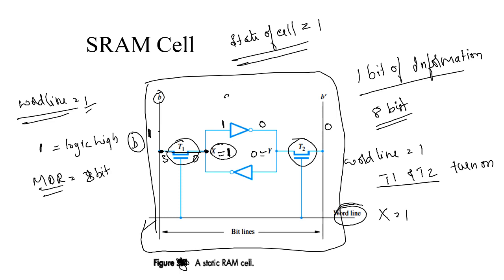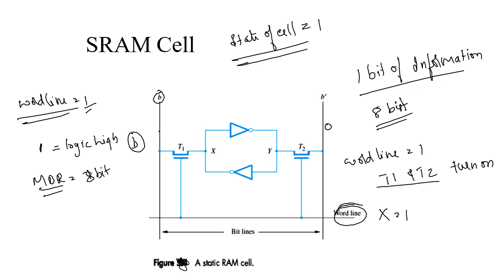If you want to load data into the cell, let us assume we need to load 1 into this cell. Initially, the data to be written is loaded into the MDR register. Let me assume we need to load some value like 101. This data corresponds to this particular cell bit.